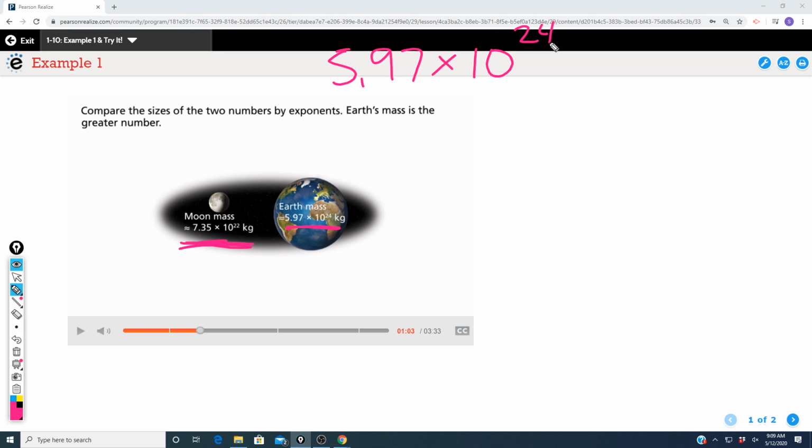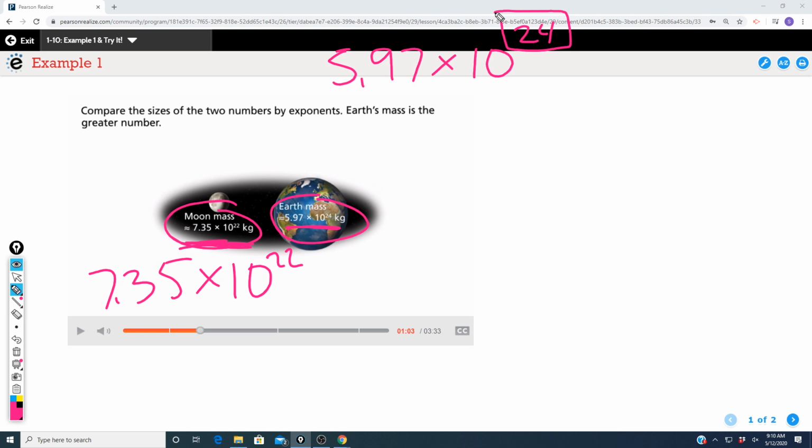I'm going to put the Moon's mass down here for a reason: 10 to the 22nd. When we subtract two parts of scientific notation, we need to have the same exponent.